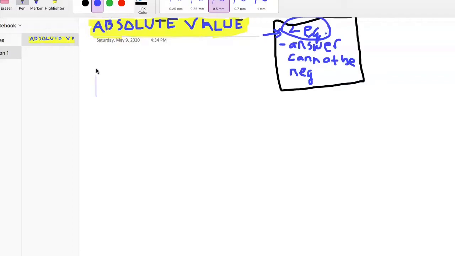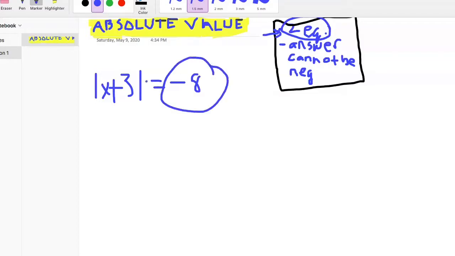So if we have something like this, absolute value x plus 3 equals negative 8, let's say. Okay, so if this answer is negative and all we have left here is the absolute value over here, it's just called empty set.